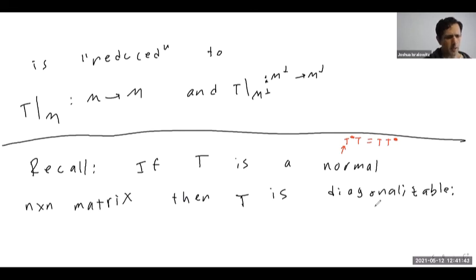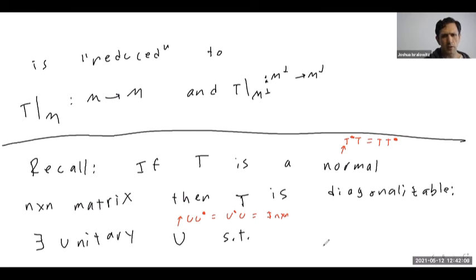And remember what that means. That means there exists a unitary n by n matrix U. And remember what that means, we went through this before, just to remind you: U star U is the n by n identity matrix.